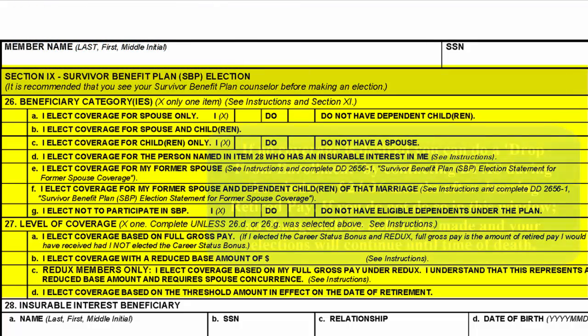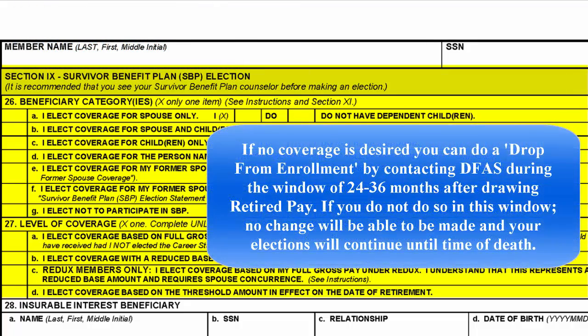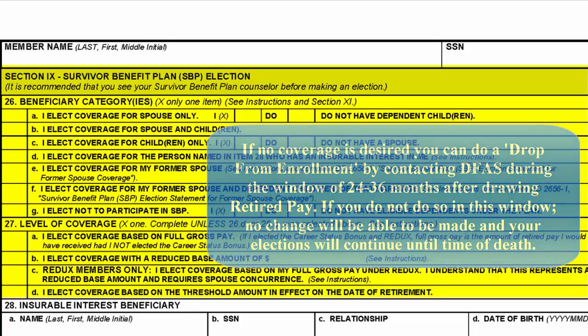In the event you no longer want coverage, you will be able to do a drop from enrollment at the 24 to 36 month mark from the time you start drawing your retired pay. Once you elect a drop from enrollment, you forfeit any future opportunities to have coverage for children or spouses in the future.